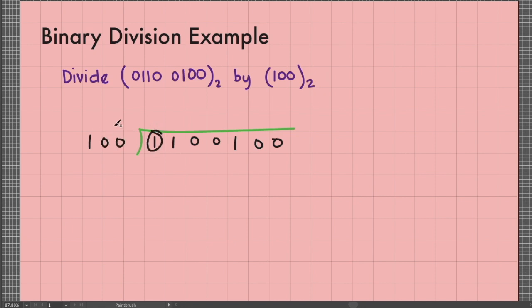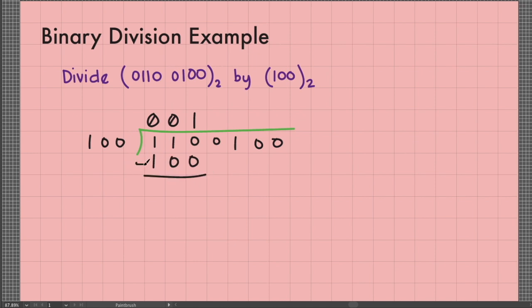Now 1 divided by these 3 bits is not enough, so we write down 0 here. Also 1, 1, 2 bits divided by 3 bits is not enough, so we will put 0 here. Next, 1, 1, 0, the combination of these 3 bits is now larger than this one, so I can now write 1 here. So 1 times 1, 0, 0 here, and then subtract.